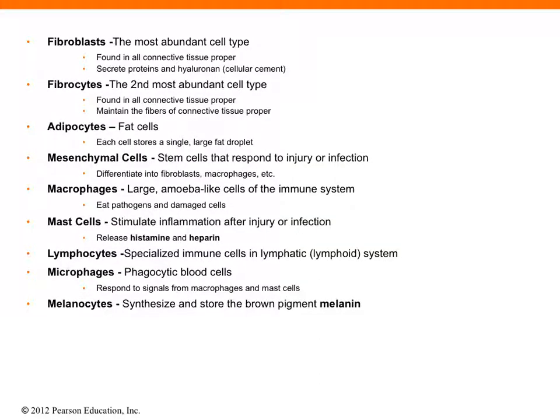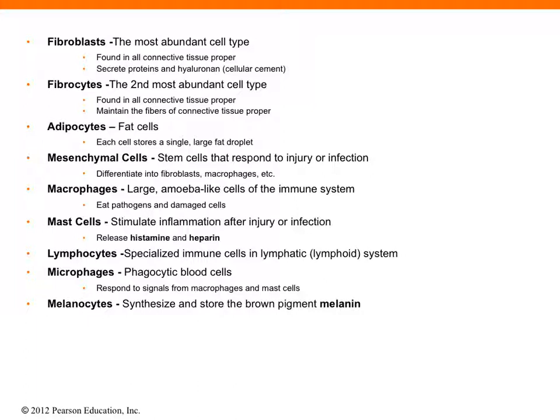These are the types of cells that are prominent in connective tissue proper. Fibroblast is the most abundant cell type. Fibrocytes is the second most abundant cell type. These are both found in connective tissue proper. Then we have adipocytes, and they're fat cells, and they store energy. Mesenchymal cells are stem cells that respond to injury or infection.